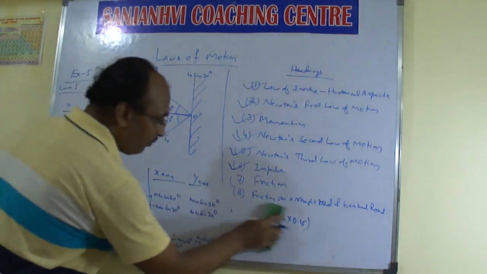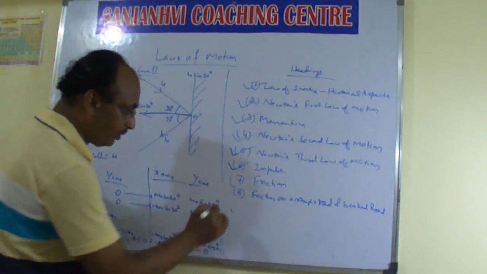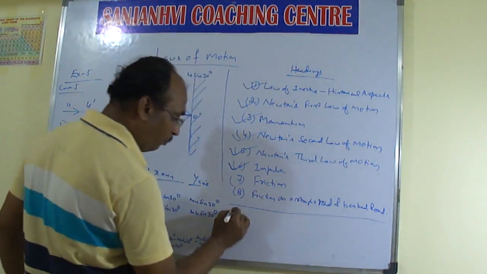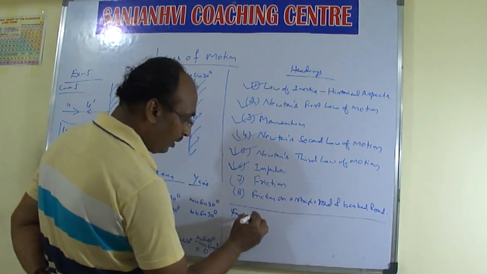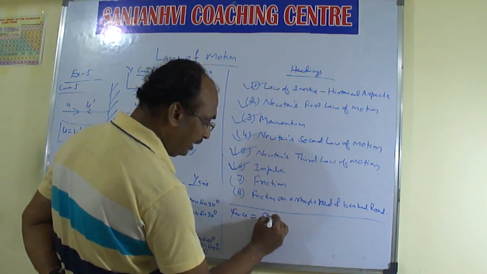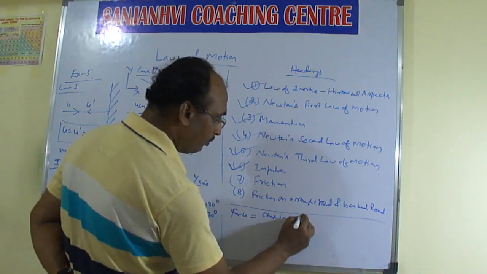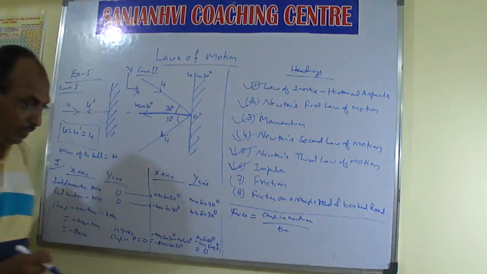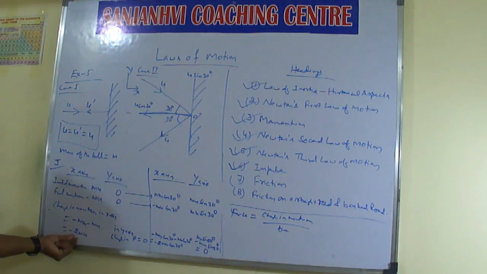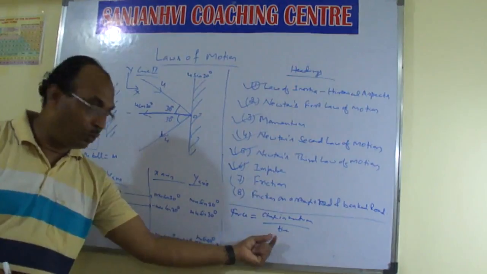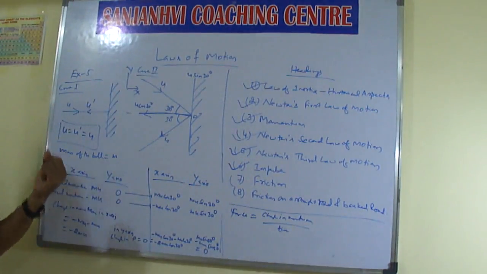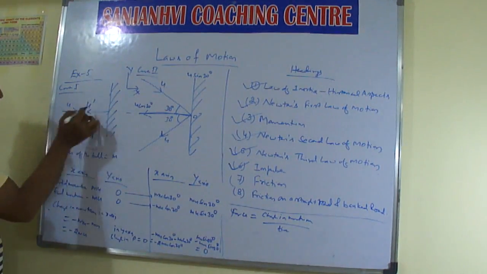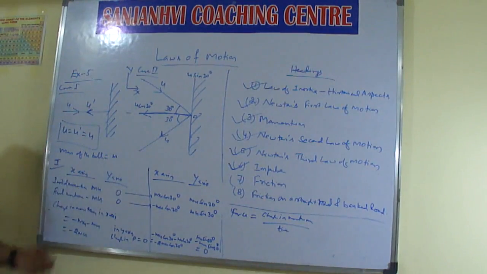So force is equal to change in momentum by time. So change in momentum is minus 2 mu by t, so it means it is in opposite direction. So the force will be in opposite direction.